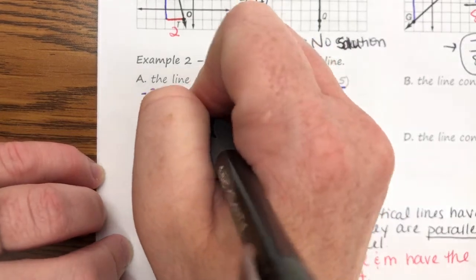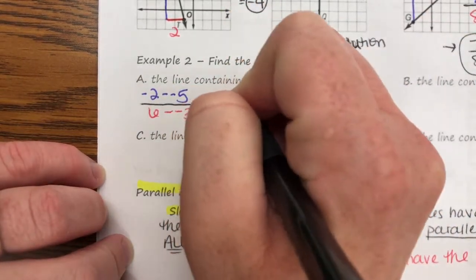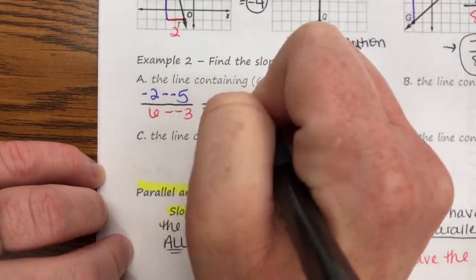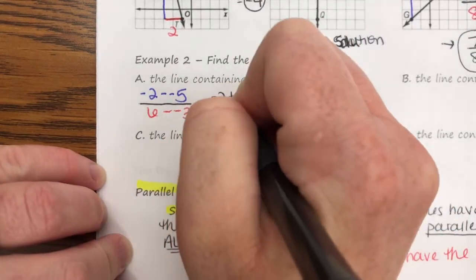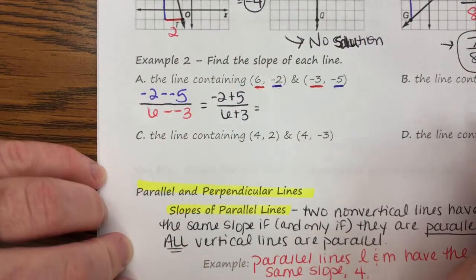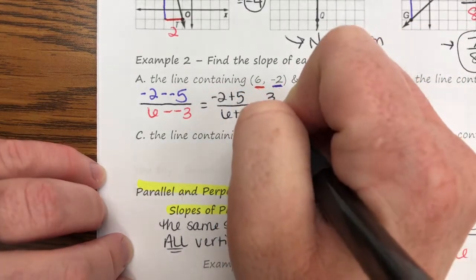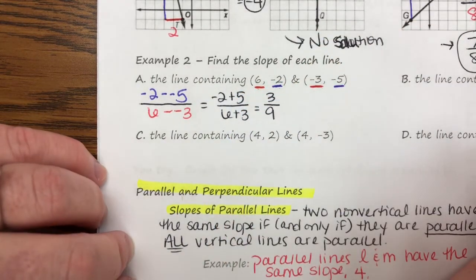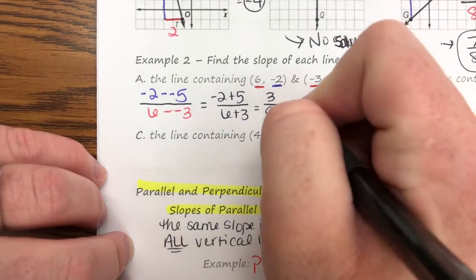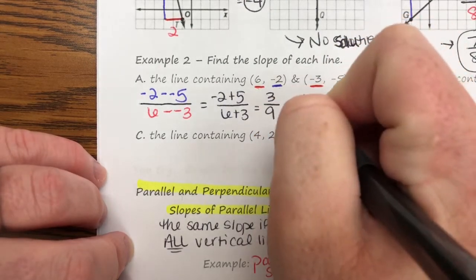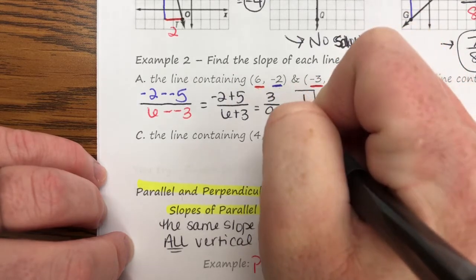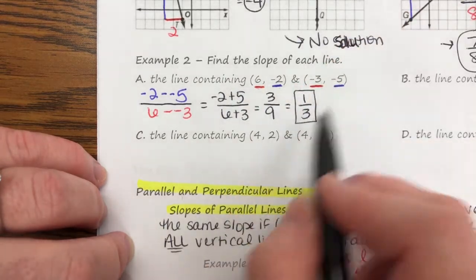Okay, so then when I start simplifying, I get -2 plus 5 over 6 plus 3. -2 plus 5 is 3. 6 plus 3 is 9. And I can simplify 3 over 9 into 1/3. So the slope between these 2 points is 1/3.